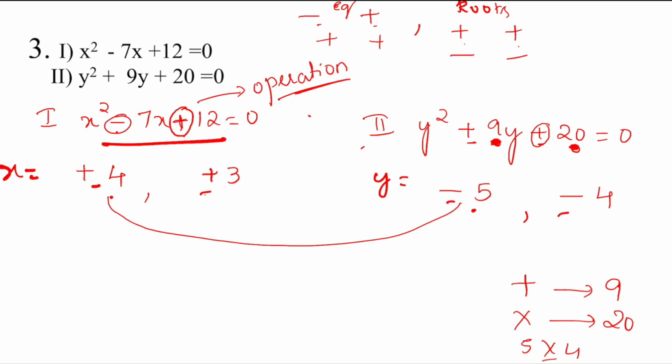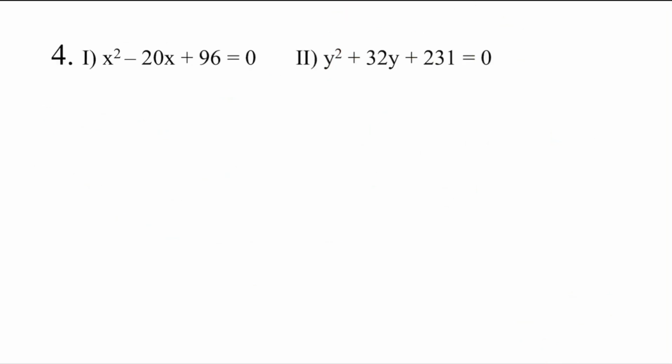So x values are always greater than y. The y value will never be greater than x. Therefore directly we can say that x is greater than y. Okay. So next, the fourth one.